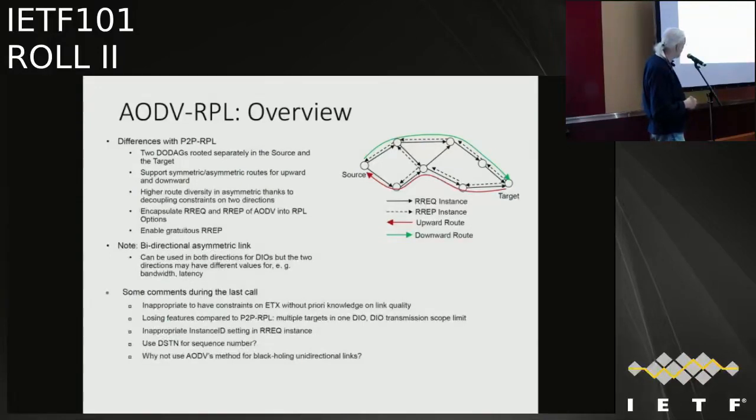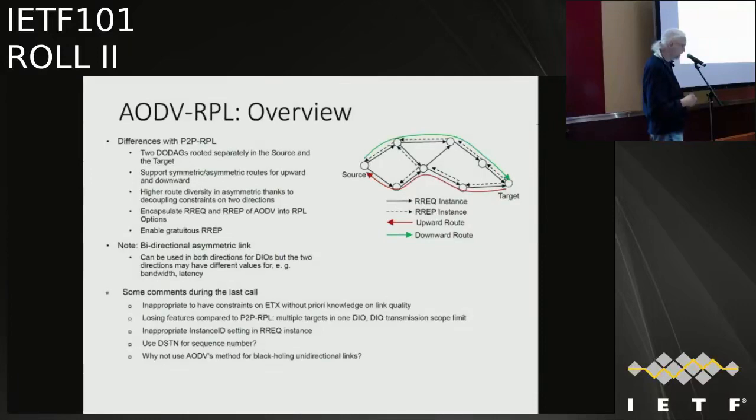I puzzled over that for a long time and had discussions with Pascal and other people. In the end, it seems that is not an appropriate use for this field, because it's actually intended for soliciting updates for maintaining the current connectivity of the graph.